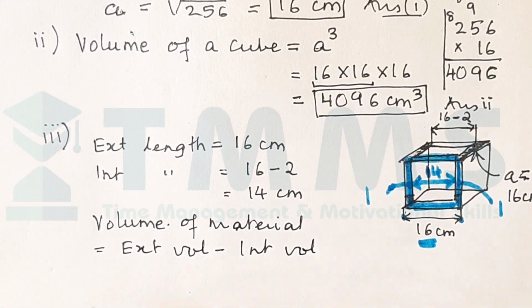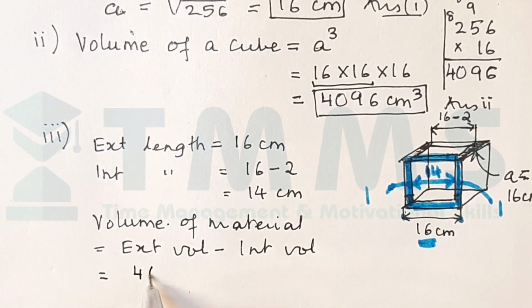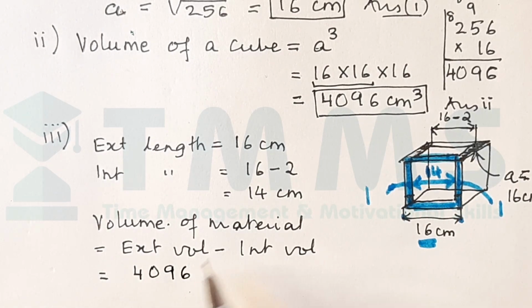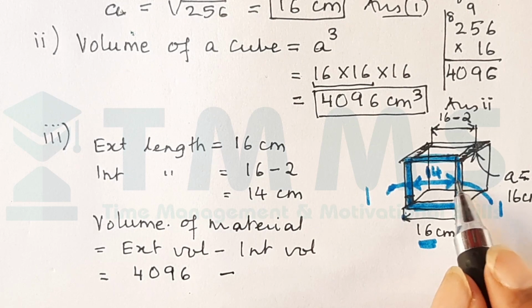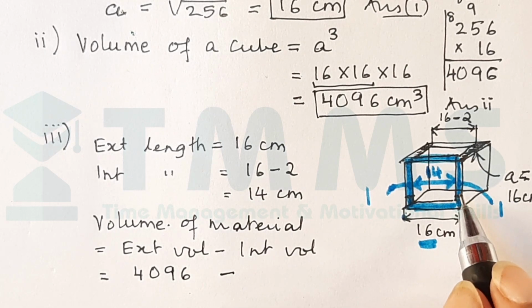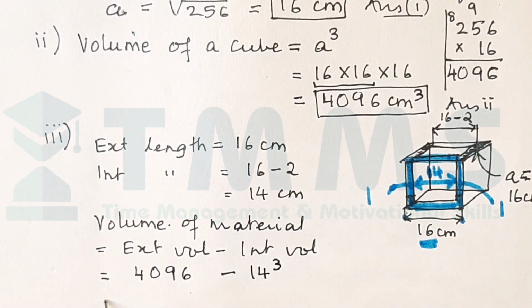External volume, we already found it. It is 4096 minus internal volume, which will be 14 into 14 into 14. That becomes 14 cube. So let's find 14 cube.